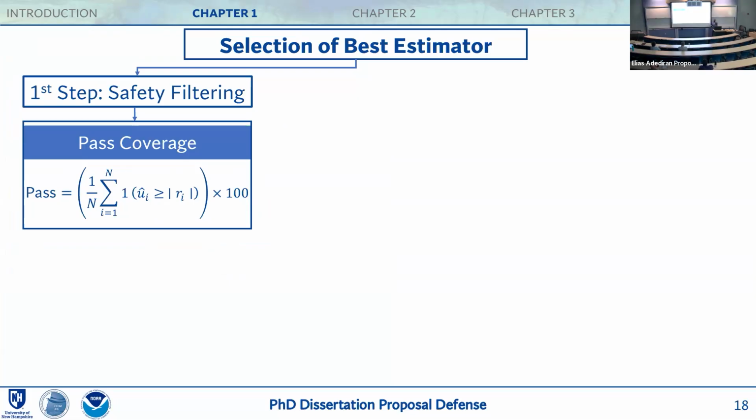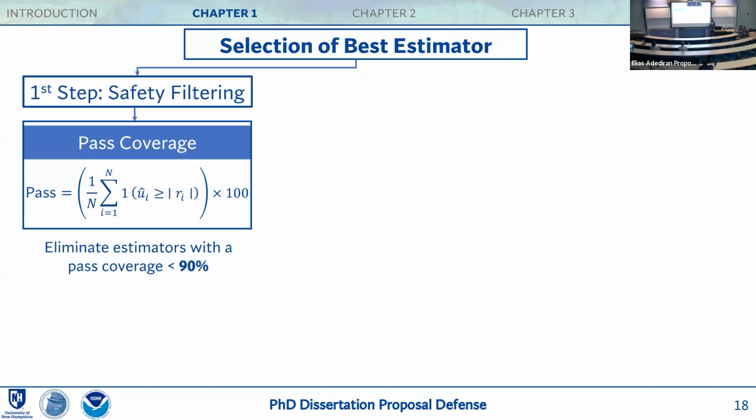The first step to selecting the best method is using a safety filter. And we define a metric for that, which is the pass coverage. What the pass coverage measures is how well the interpolation uncertainty that we've estimated using these methods bounds the interpolation residual itself.